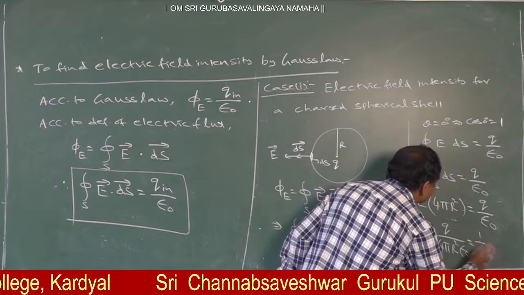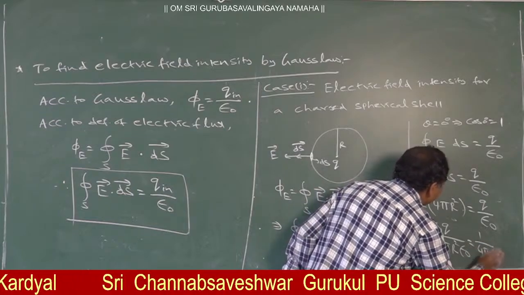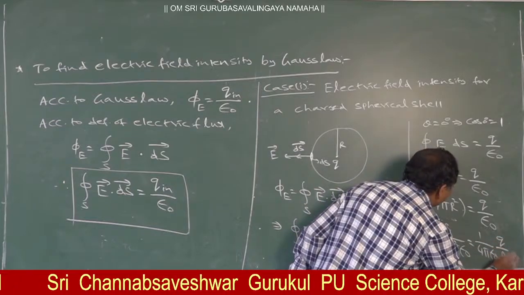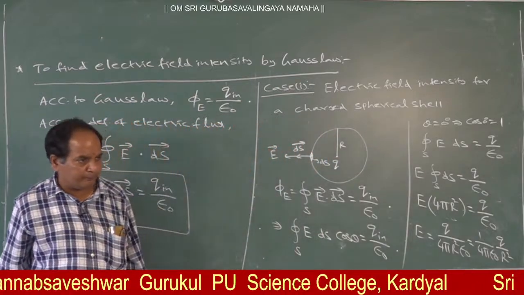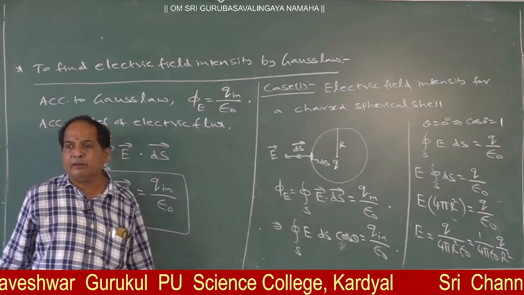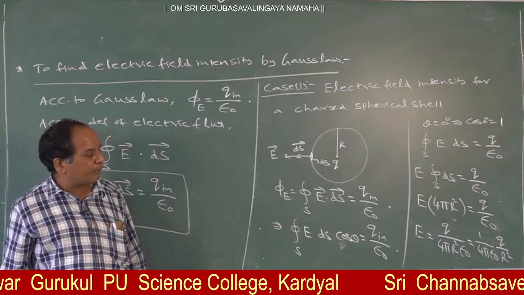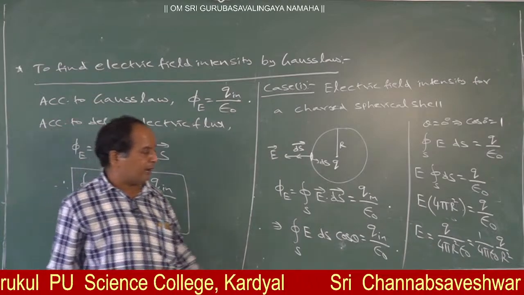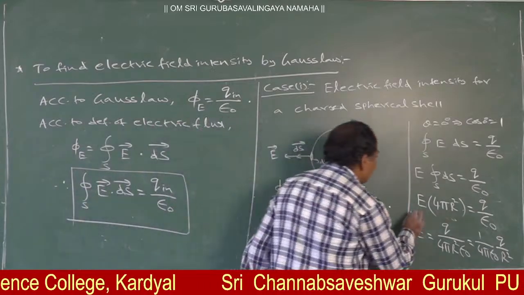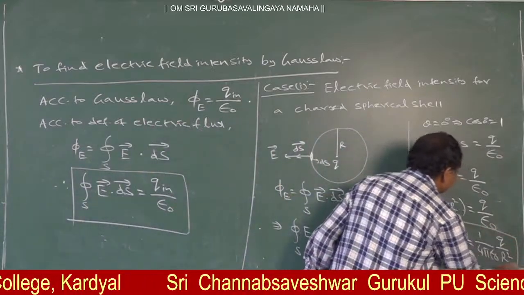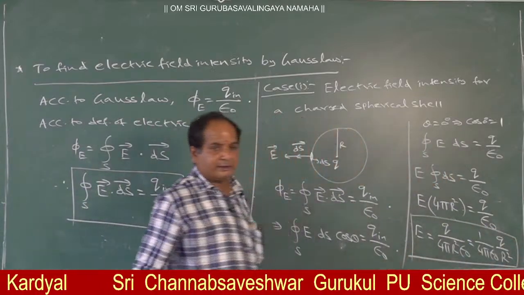We may write this as 1 by 4 pi epsilon naught into Q by r square, which formula already we know. This is the expression for electric field intensity.